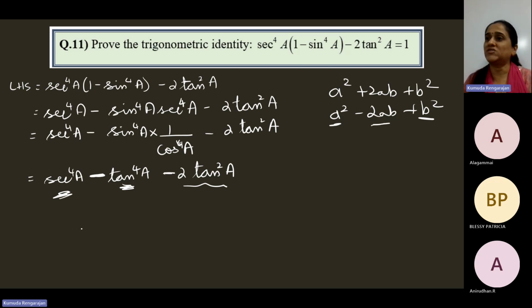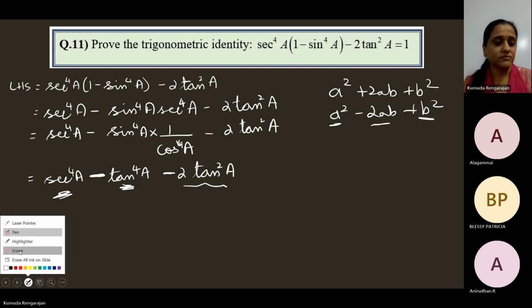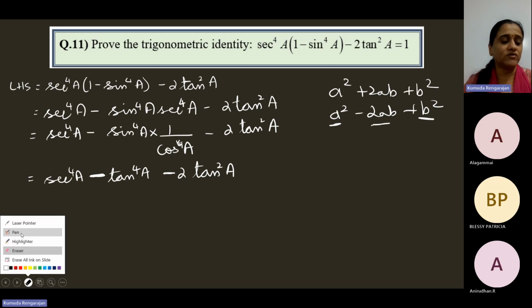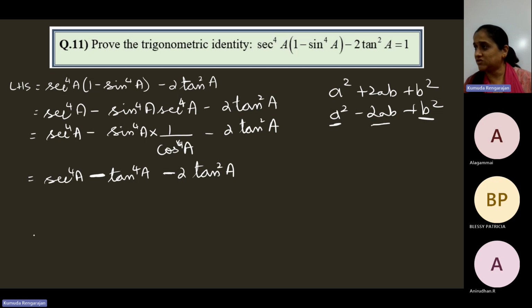The a square and b square terms are positive. All right. If you have to show that the terms are of the form a square, 2ab and b square, 2ab can be positive or negative, but a square and b square must be positive. So it's not possible. So next step, we'll write this as a difference of two squares.